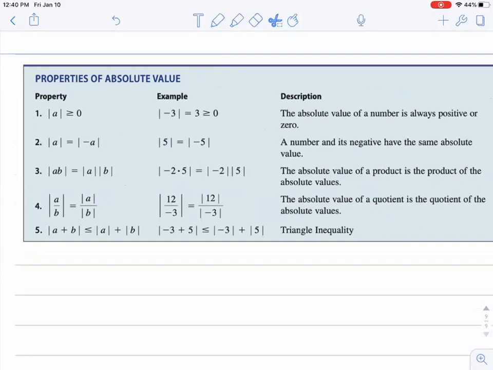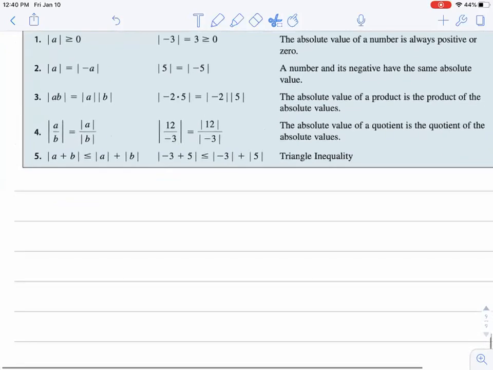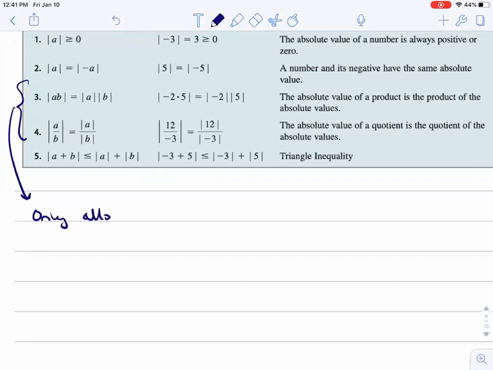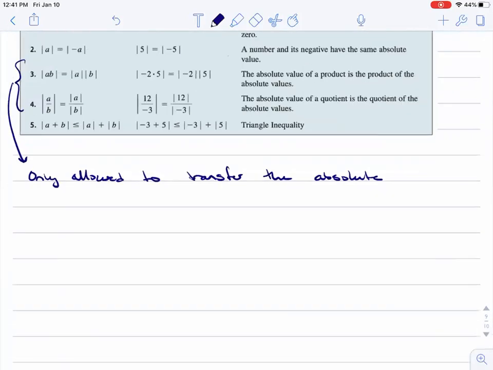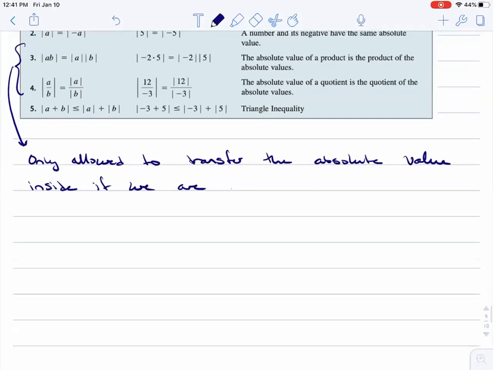So just keep in mind that you're only allowed to transfer the absolute value inside if we are multiplying or dividing.